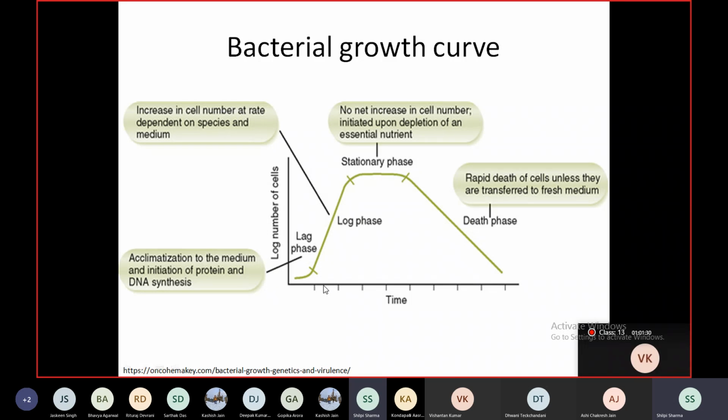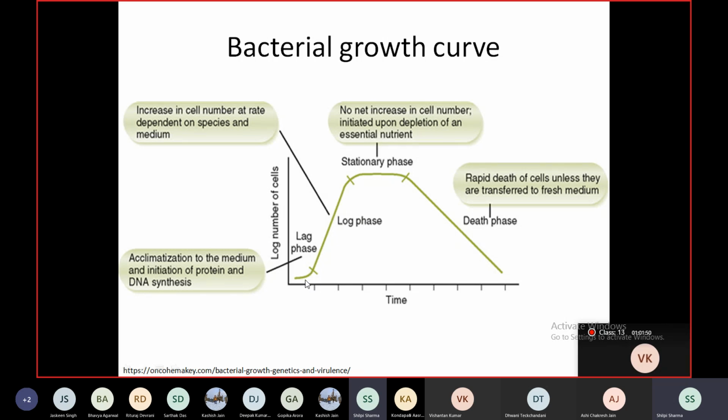And Vishantan, you very clearly and correctly said that initially you observed this exponential phase, but you missed out on a lag phase. There's a very clear lag phase observed in bacteria in such a curve when you put bacteria to grow in a medium.